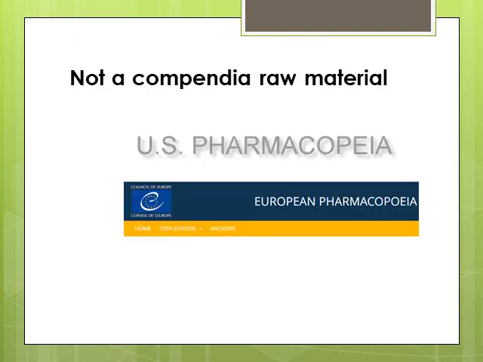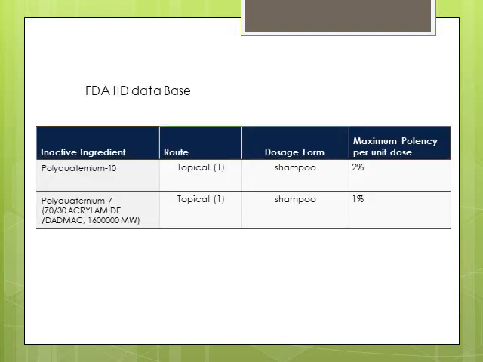These materials are not compendial raw materials, so they are not listed in USP, EP, BP, or any of these publications. In the IID database, there is only one entry for Polyquaternium-10, and it is for a topical shampoo with a maximum limit of 2%. There is an entry for Polyquaternium-7, but this is a completely different molecule.